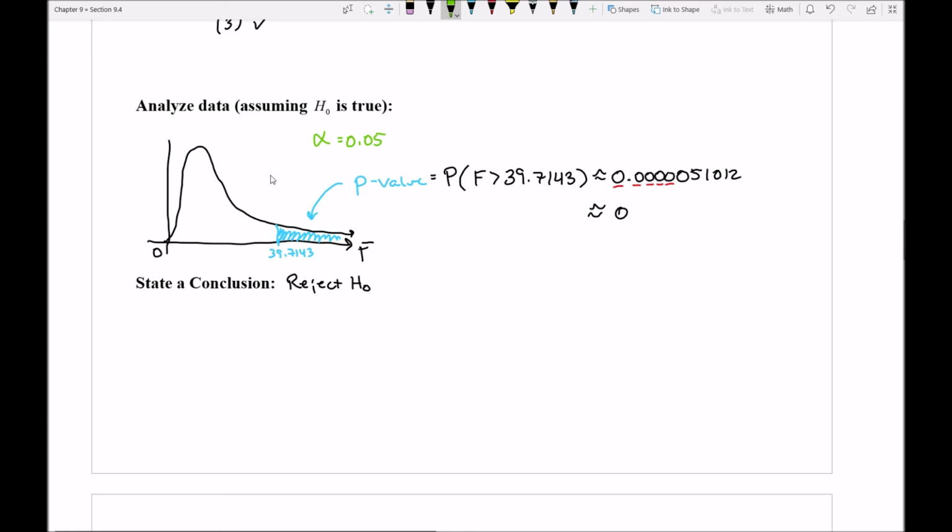So we're going to reject H0, and then write out our conclusion in the same way that we always do.